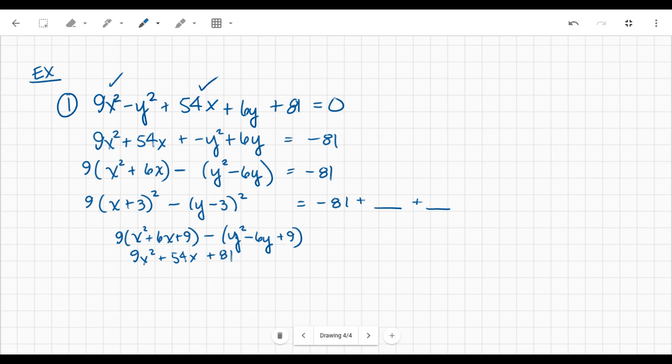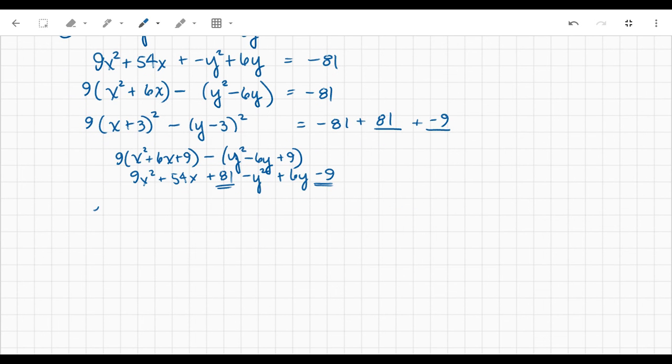But don't get confused, that's not this 81. That's what I added. And then minus y squared, plus 6y, minus 9. So I subtracted 9 from the left-hand side, so I'm going to subtract 9 from the right-hand side. There's the two things that I added.